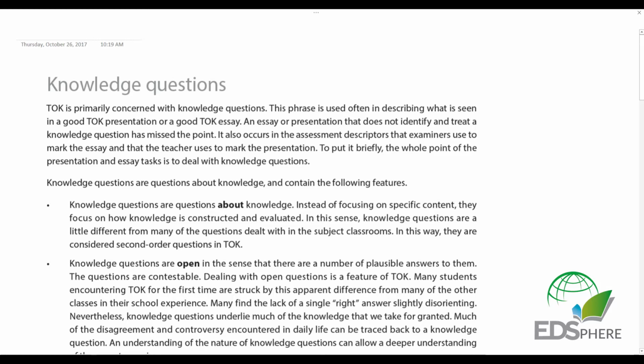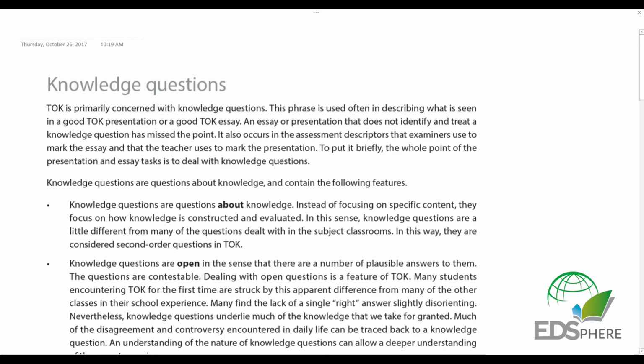And it's actually not too hard. It says clearly that we should not be focusing on specific content, but should focus on how knowledge is constructed and evaluated. Meaning, how do we form knowledge?